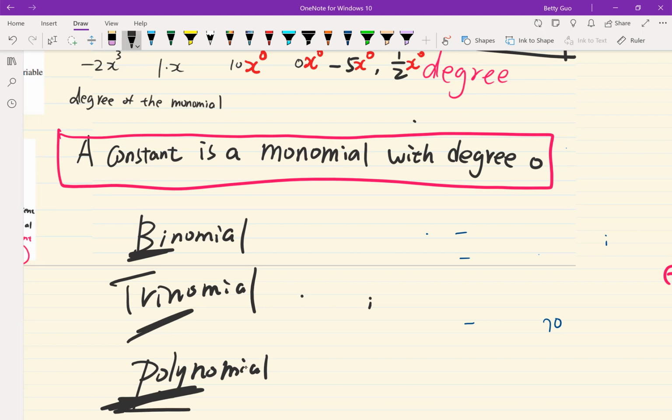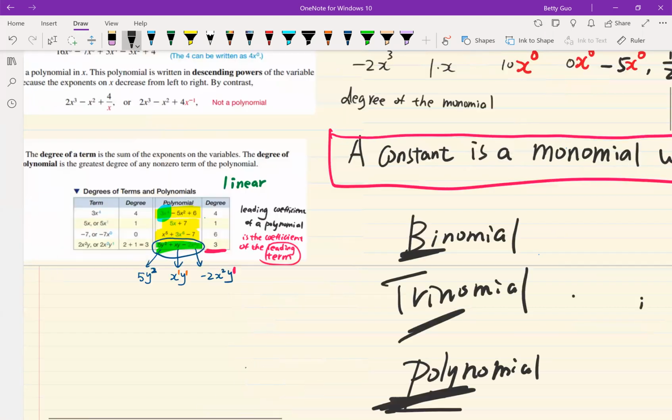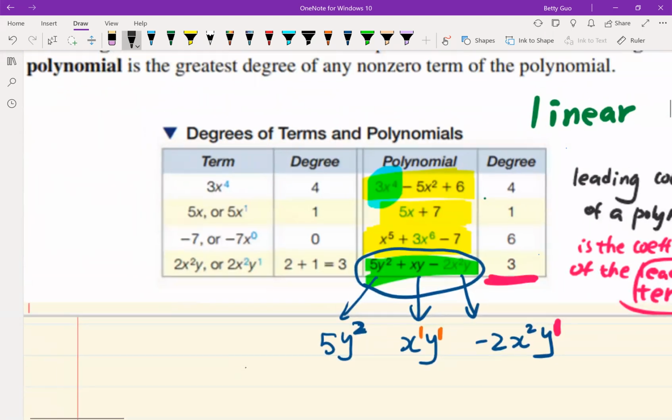So they are all called a polynomial. Please let me know, am I clear about the definition of a polynomial? In a polynomial, we have one or more monomials added together, right? Okay, let's look at some polynomials.